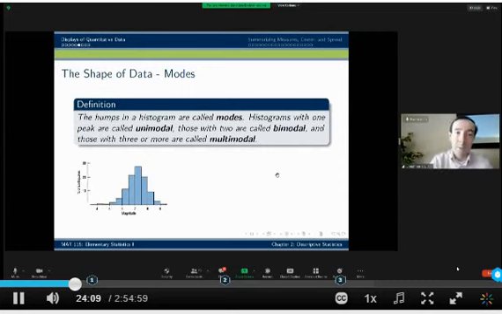Okay, so I did say that one of the important things we should be able to do with histograms is to look at the shape of the picture that the histogram produces and then describe it verbally.